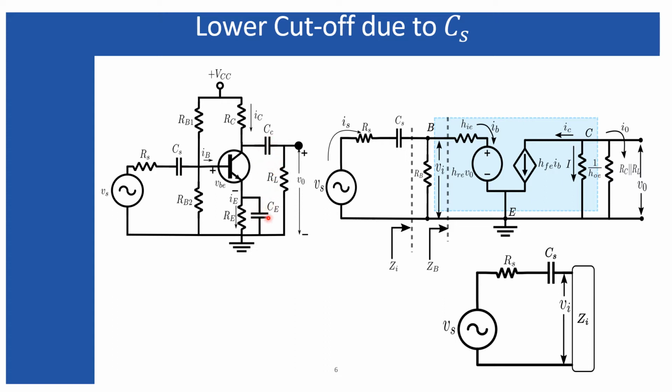Therefore, the Ce is shorted, which makes the emitter connected directly with the ground, bypassing this Re, and this RL is connected directly with the collector, which will make this RC parallel to the RL, because when we are doing AC analysis, all the DC voltage sources must be shorted to the ground. That also makes this RB1 parallel with this RB2, and this parallel combination I named RB earlier, and I am carrying that same name over here also.